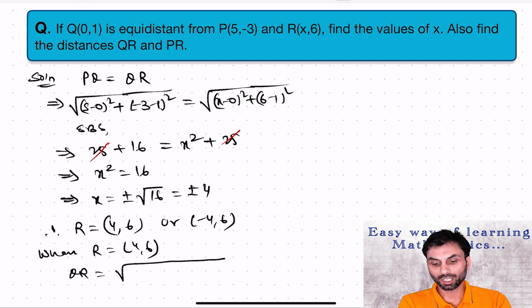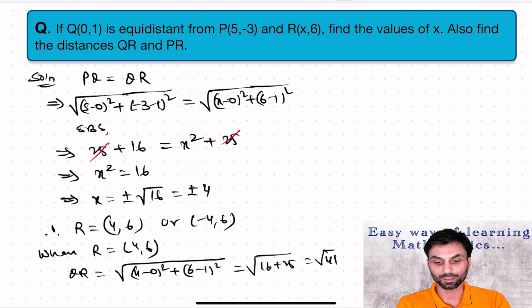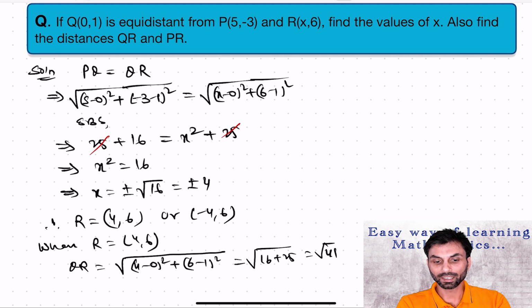Now we'll take when R equals (4, 6), then the distance QR. The coordinate of Q is (0, 1). So this will be (4 minus 0) whole square plus (6 minus 1) whole square, which will be 16 plus 25, which is root 41 on solving. And the next, if you take PR, the coordinate of P is (5, -3).